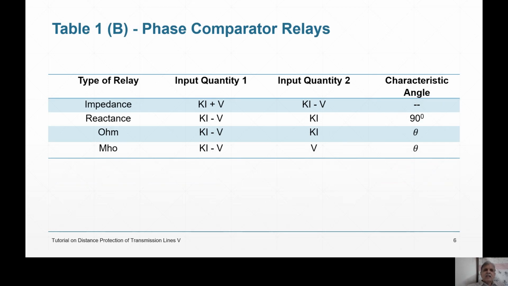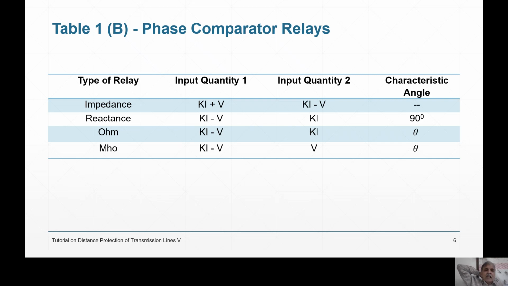We have seen the phase comparator relay where we feed impedance and reactance, so we know these characteristics. When you feed Ki plus V, the I that you feed is from those quantities. You will not feed I, but for an RY fault, IR minus IY.